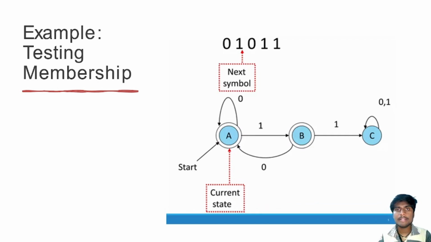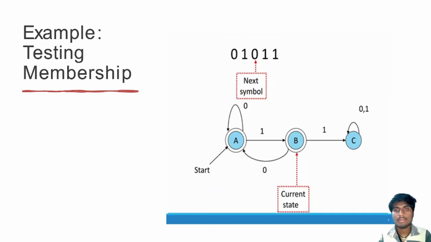In the next step, we need to check for 1. We transfer 1 from A to B. We have a transition from A to B, so now we are in state B. The next symbol is 0.